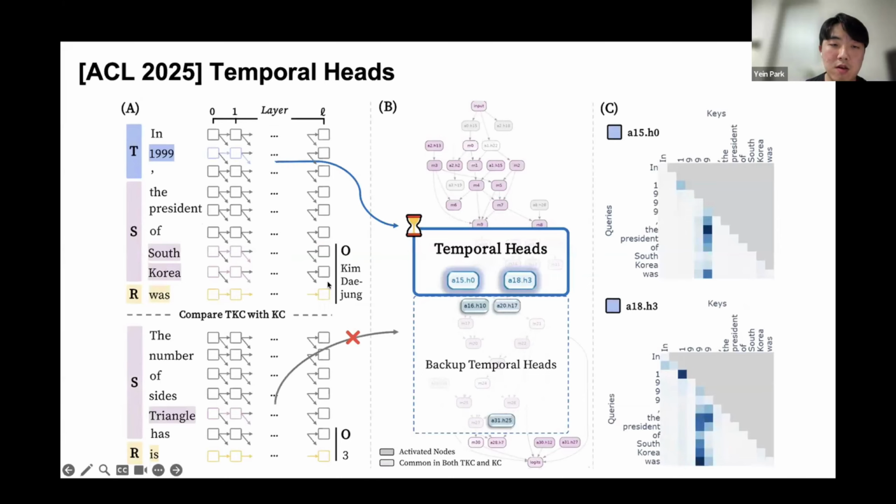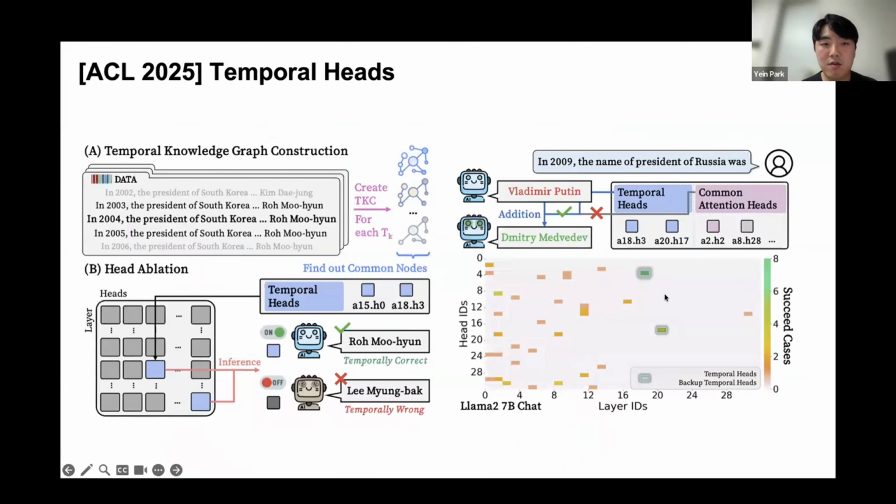Like you can see here in the left figure A, only the above sentence used the temporal context like in 2019 or in 1999, and it affects the circuit that activates some specific attention heads, which do not appear in other simple knowledge circuits without this temporal context. So we named it temporal head, and its activation is largely connected with actually displaying the knowledge. And that is why we started this research.